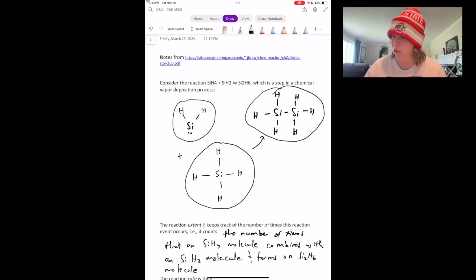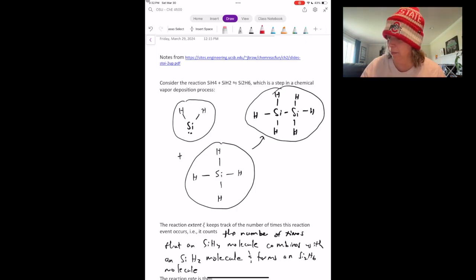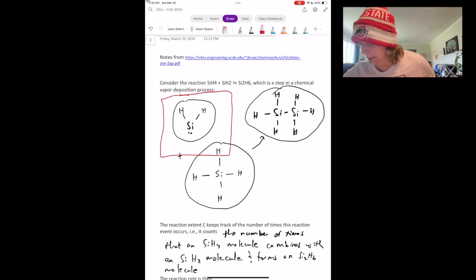So if I draw my system volume to be like this, all I really have there is one SiH2 molecule. And in this drawing, I have part of an SiH4, but in reality, two molecules would not sit like that. That's a violation of quantum mechanics. I guess unless they were tethered to a catalyst surface, maybe.